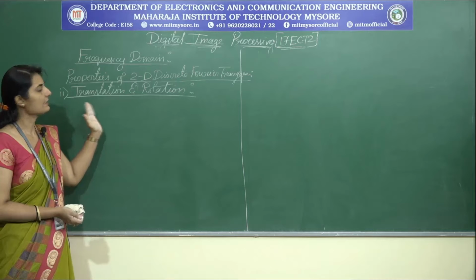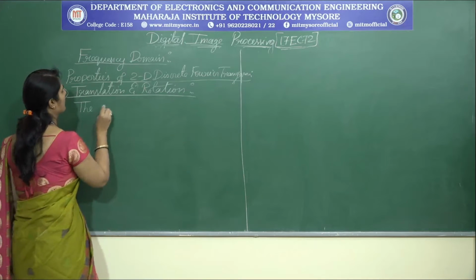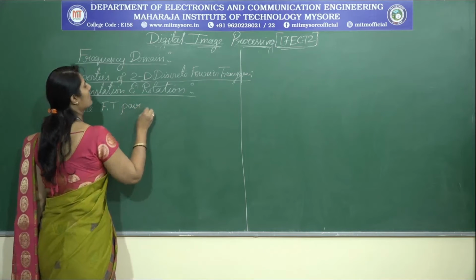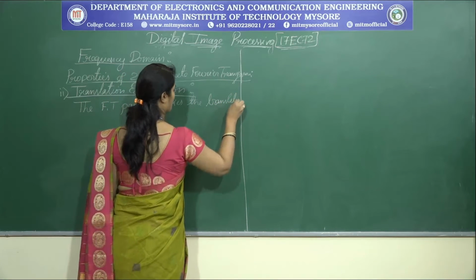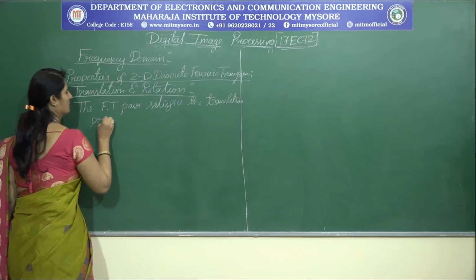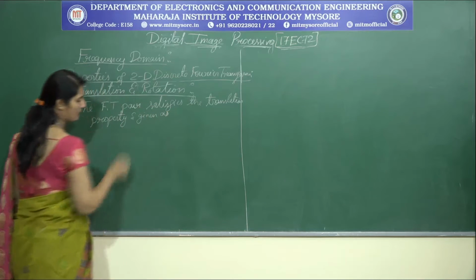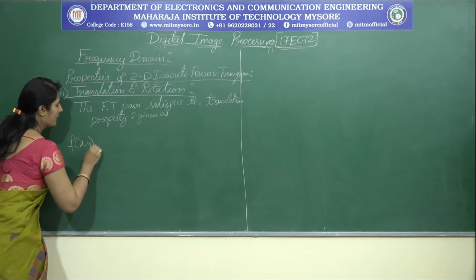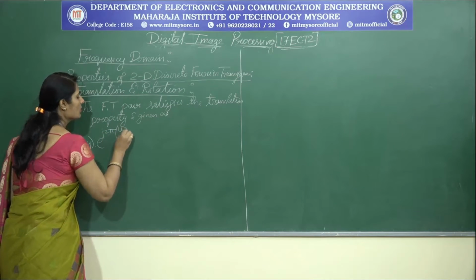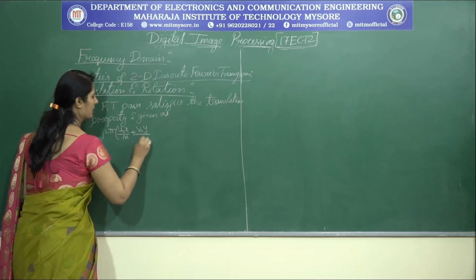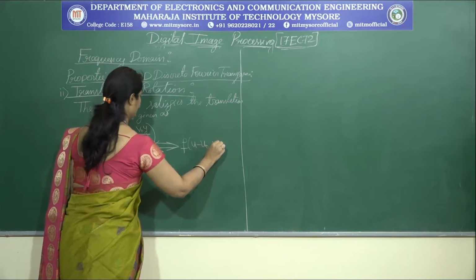The second property is translation and rotation. Here the Fourier transform pair satisfies the translation and rotation property, and it can be represented as f of x comma y into e power j 2 pi into u naught x by m plus v naught y by n, which is equal to F of u minus u naught and v minus v naught.